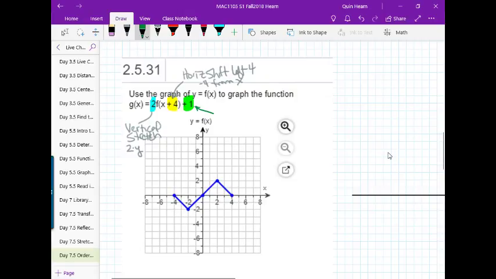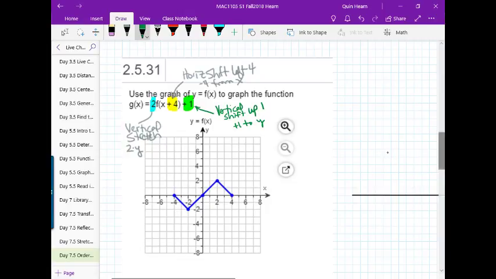It's addition, so it's a shift, and it's going to be in the positive direction up. So this is going to be a vertical shift upwards 1 unit. You're going to actually add 1 to each y coordinate.